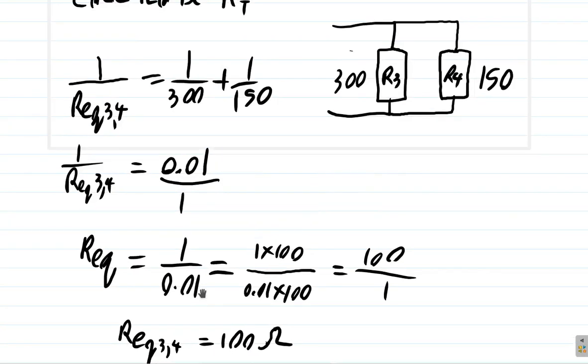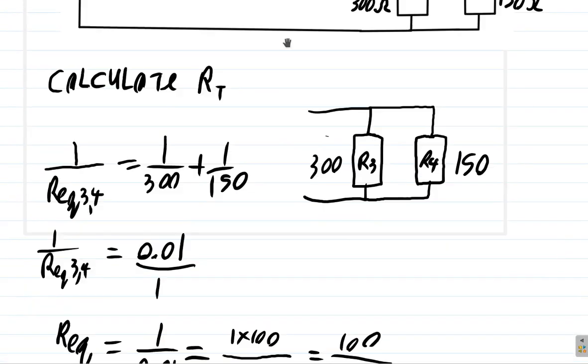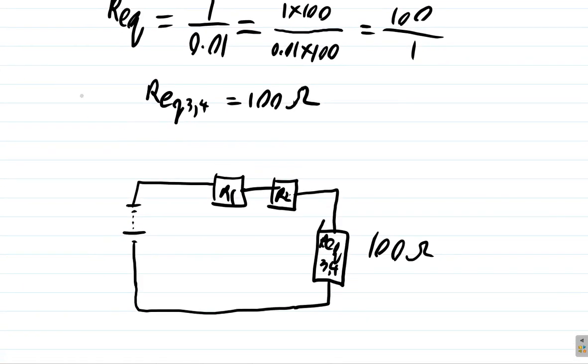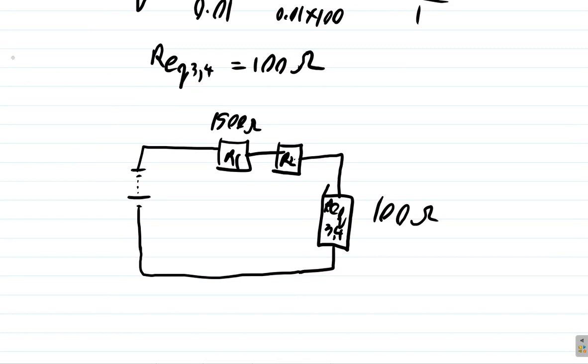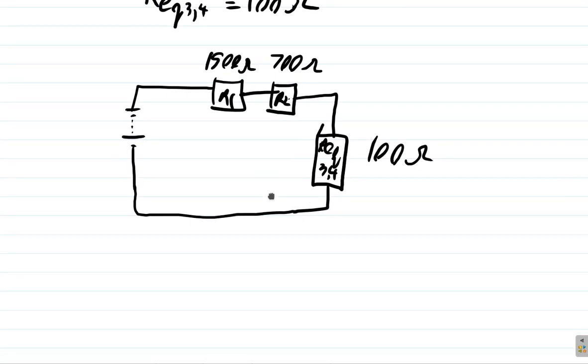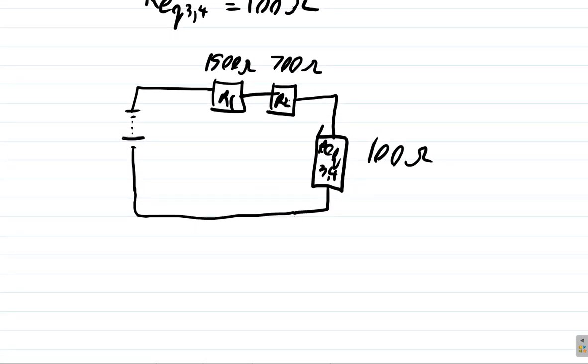Now, R1 is 1.5K. Let's write it out as 1500 ohms. R2 was 700 ohms. Now, what you really have are 3 resistors in series.